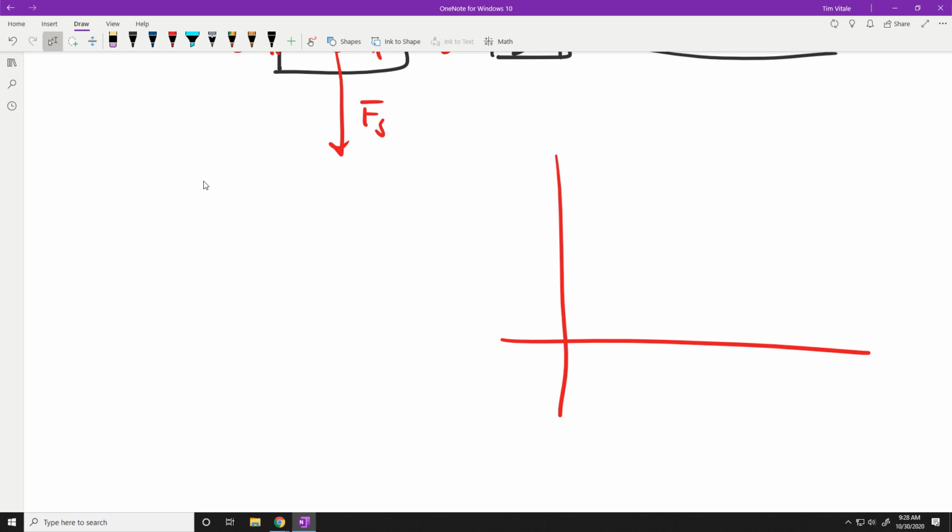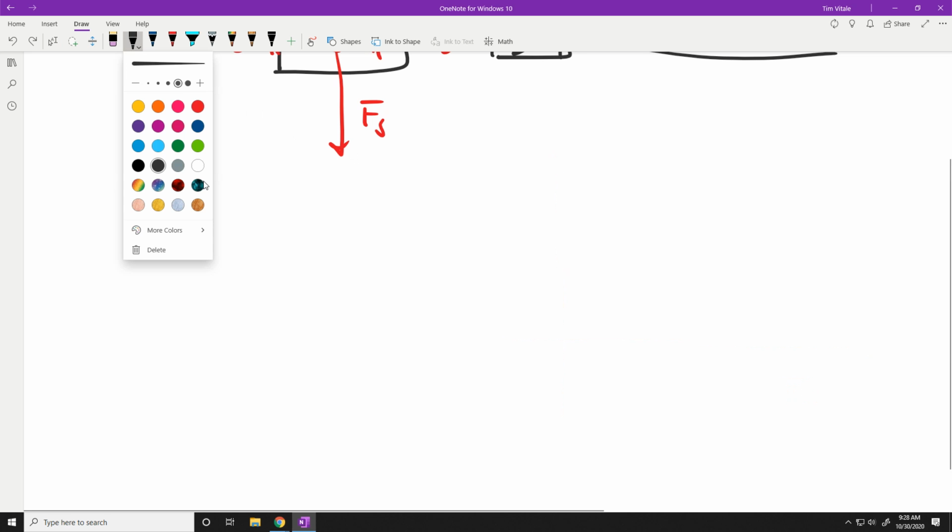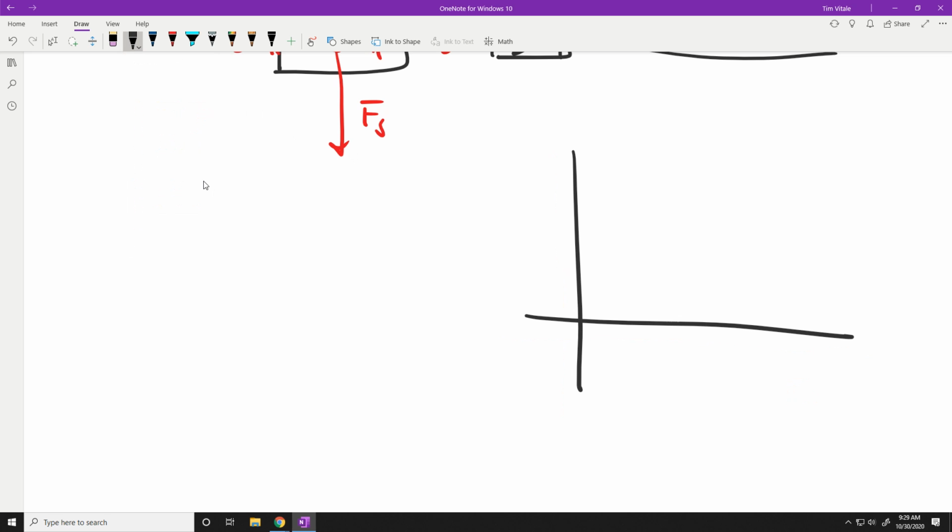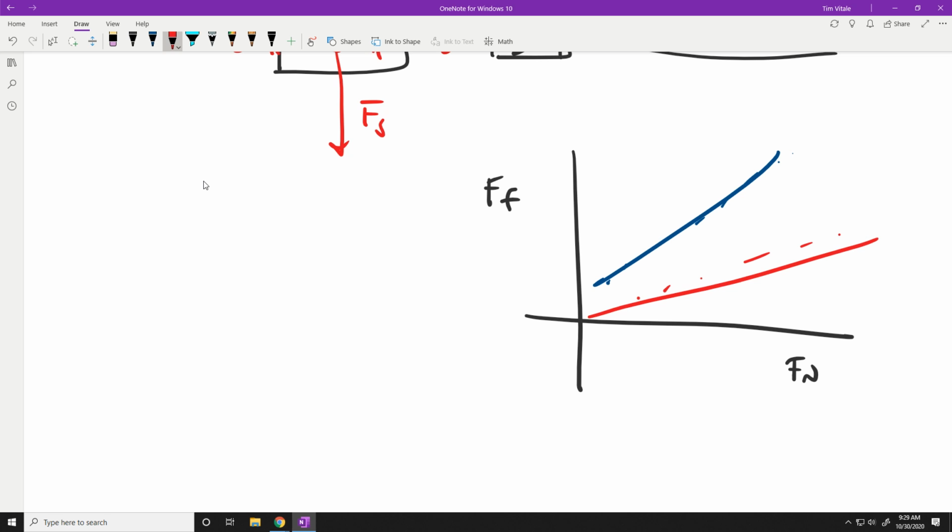What you guys plotted was on the graph that I had there. You guys plotted normal force versus friction force, and that's what you were getting. Actually, I should make that black there so that I can make it different colors. Normal force versus friction force. And what you guys saw was two sets of data. You saw the mean looking something like that, and then you saw the max looking like that, and this was the mean, and this was the max.